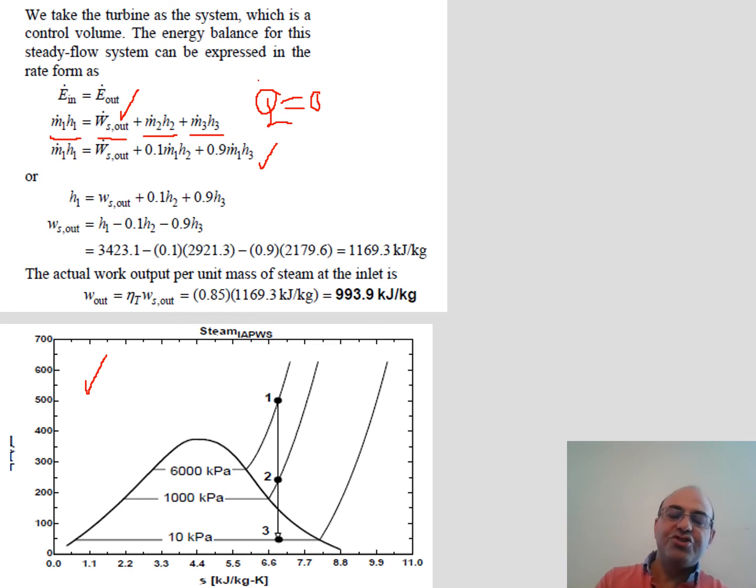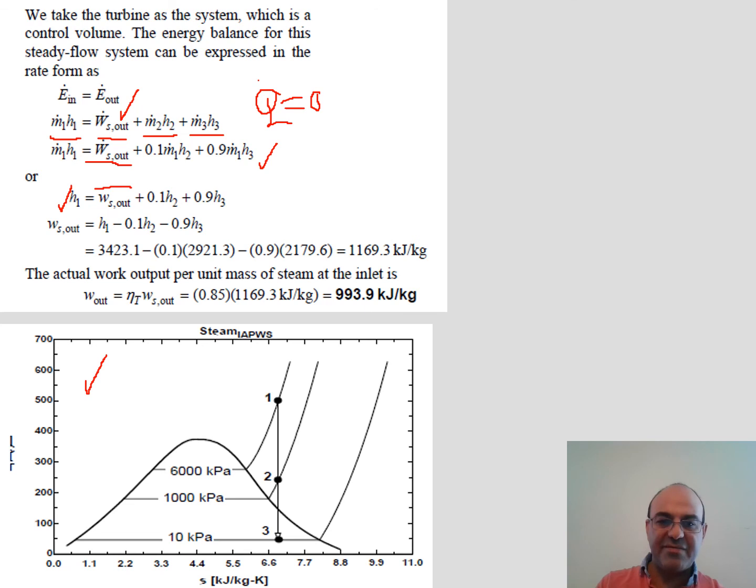If we want to show the turbine work per unit mass, then we divide all terms by m dot 1. That gives us lowercase w out, which is the turbine work per unit mass. So based on the energy balance, we have H1, H2, H3, and turbine work out.